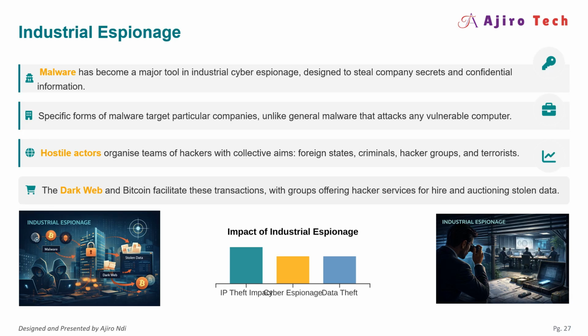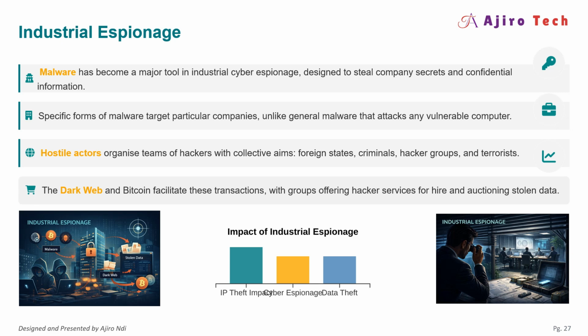Okay, so it includes foreign state secrets, right? It could be criminals, or foreign states going to hack another state. It could be a group of hackers with a common goal to get that information from that organization, as well as terrorists.